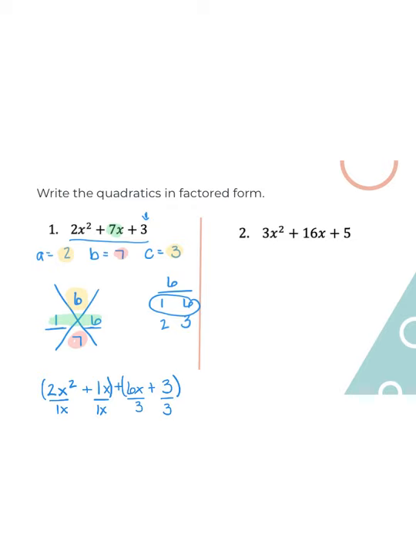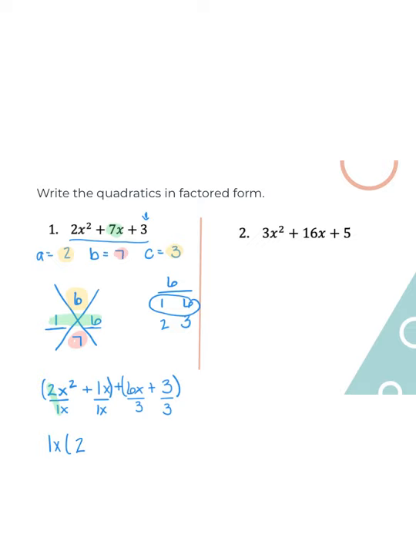So I'm going to start by putting what's on the bottom of my first set out first. Because I have a 1x that I'm dividing by, I'm going to take my 1x and put it out front. And now I'm going to divide out what I have left. So 2 divided by 1 is 2.